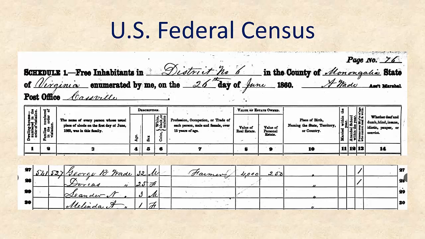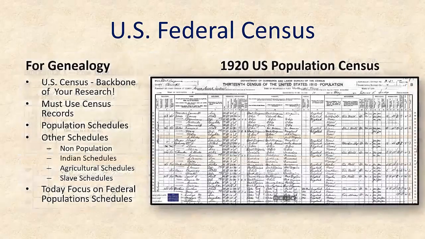All right, so the U.S. federal census records were taken every 10 years. And for genealogy, if you're not using census records, you should be. The U.S. census records for genealogists is kind of the backbone of your research. You must be using census records.